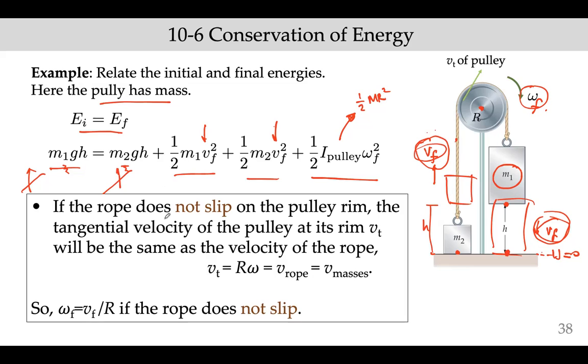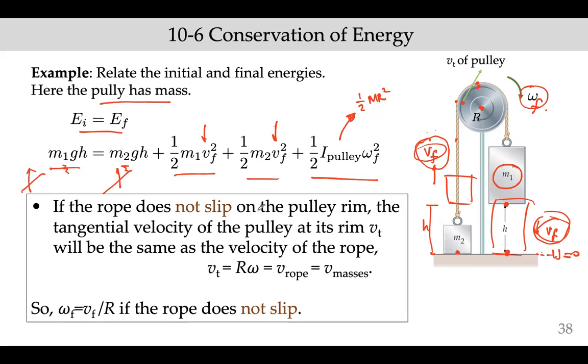But if the rope does not slip on the pulley rim, what does not slipping mean? Let's mark this point on the pulley, and let's mark this point on the rope. If the pulley makes some rotation, and this mark comes here, then if there's no slip, the mark on the rope will come exactly to the same point.